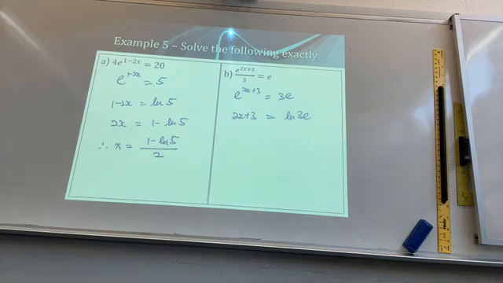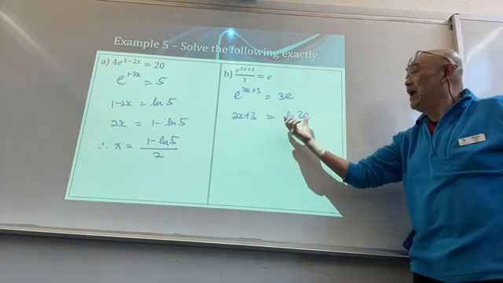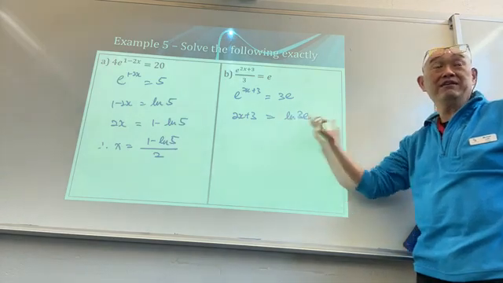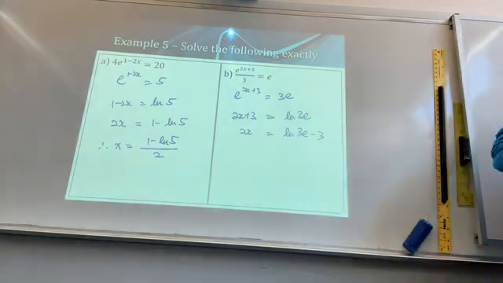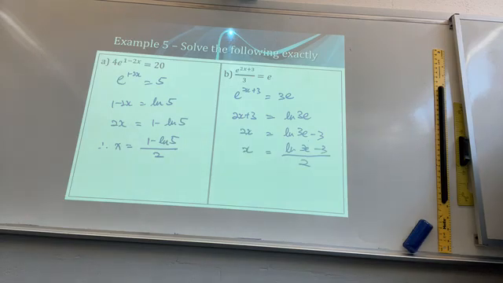Now, what are you going to do with that? Are you going to give me the answer as x equals the log of 3e minus 3, divided by 2? No. Thank you. Because you could split log of 3e as log 3 plus log e, correct? Remember, you have to do that. Oh, actually, I did not do that. My fault. I'm half asleep.